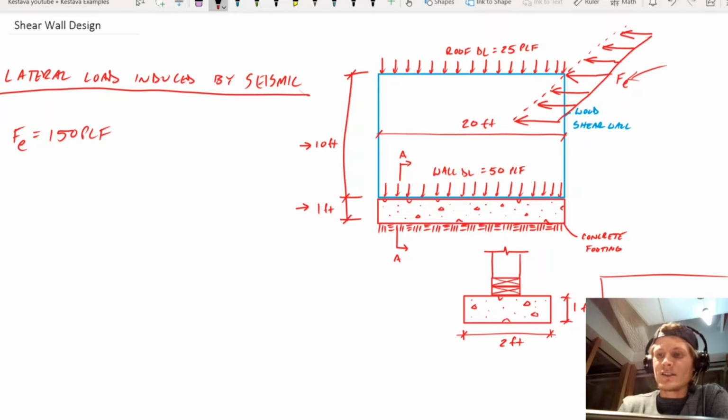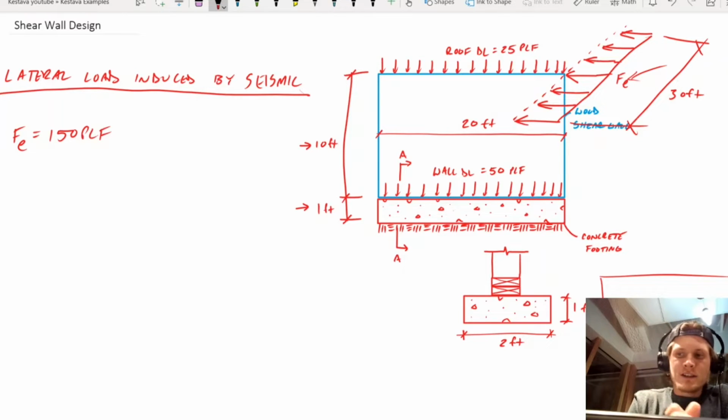So if we go here, we need that dimension, and I'm going to say that is 30 feet. That's the amount of tributary width of lateral forces that are going to be transferred to this shear wall. That gives us a point load, which we will call big E, as denoted, and it would simply be 150 PLF times your tributary width of 30 feet.